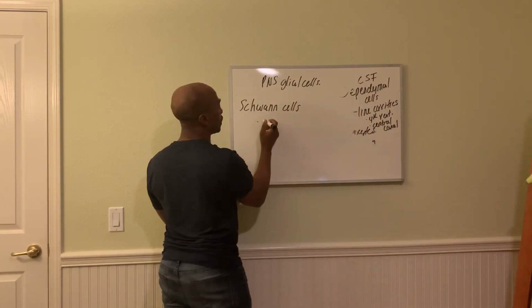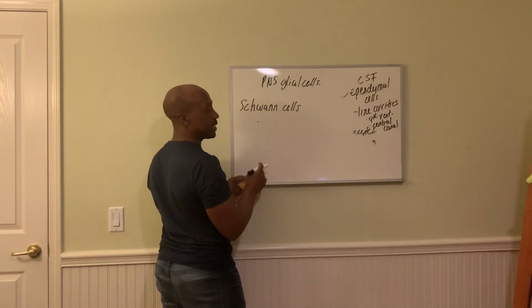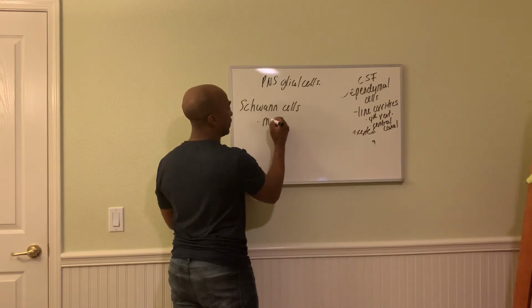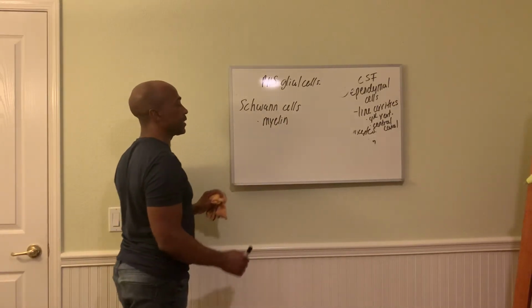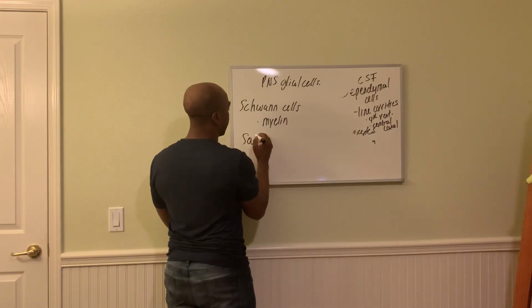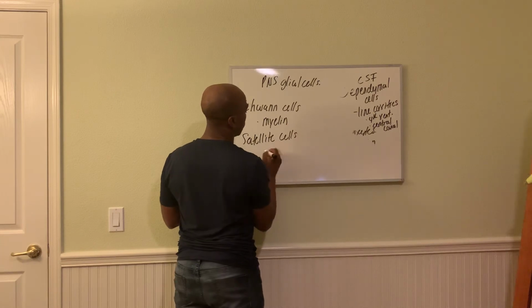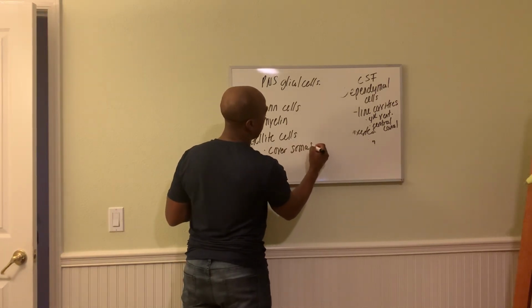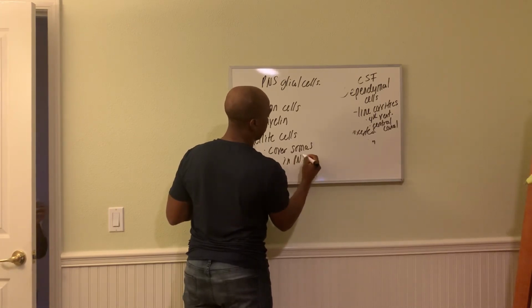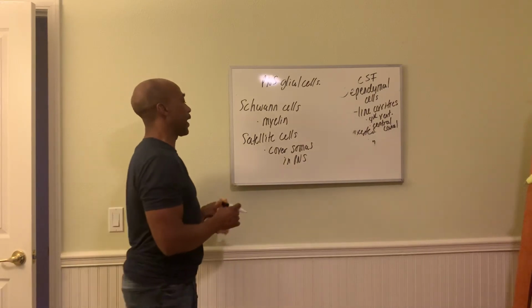Schwann cells are the counterparts to the oligodendrocytes. They make myelin for axons in the PNS. And you have your satellite cells. These cells cover the somas in the PNS. So there you have it. Two types of glial cells in the PNS. Okay, all right, we'll pause here.